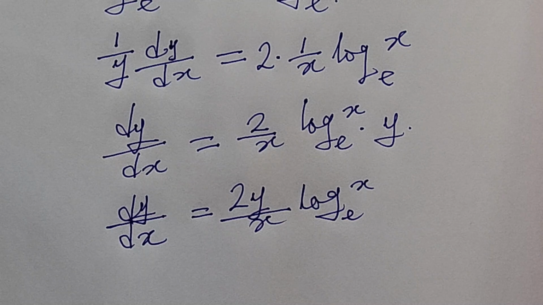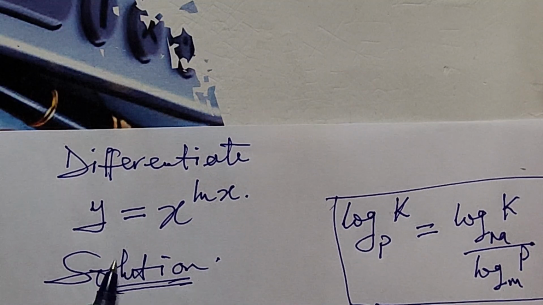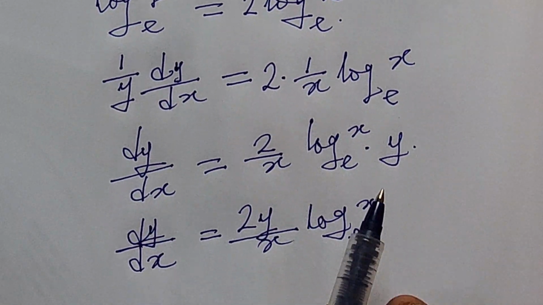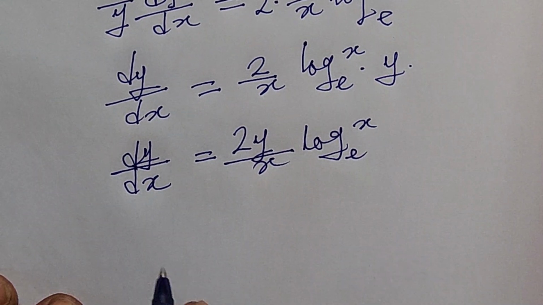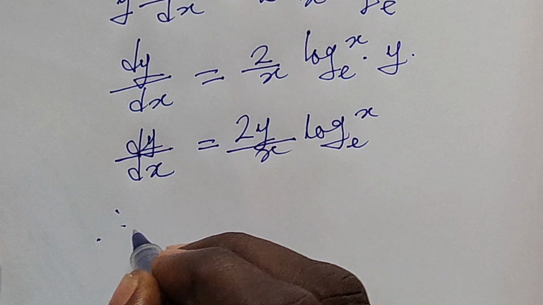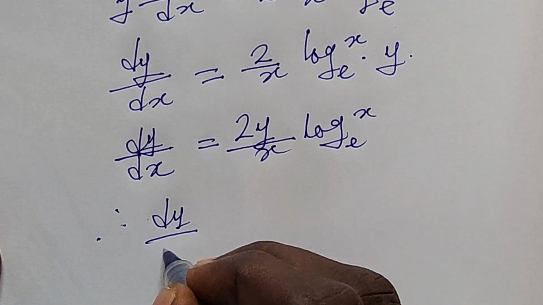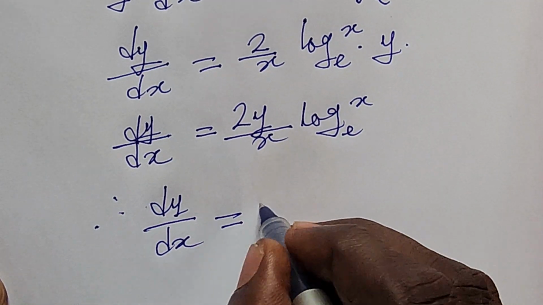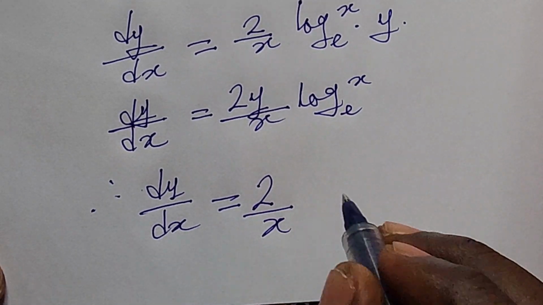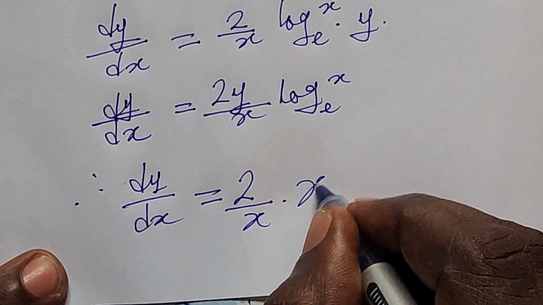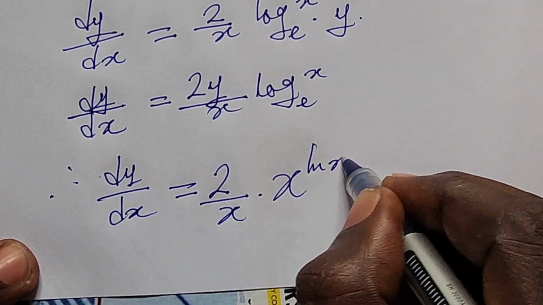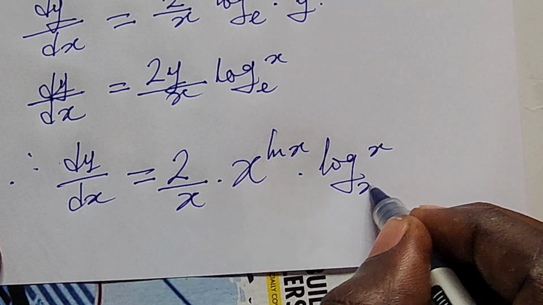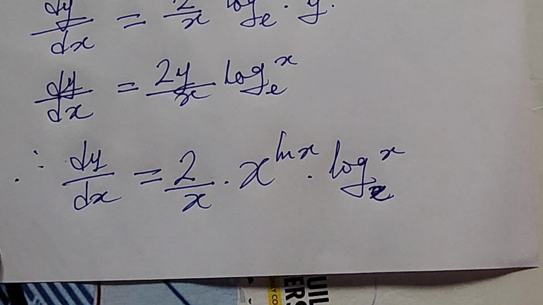Since we are given the value of y to be x to the power of ln of x, we can now do our substitution here, right? Therefore dy/dx, which is what we were asked to find, is equal to 2 all over x, times x to the power of ln of x, times log x base e.